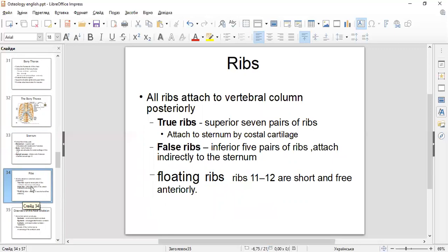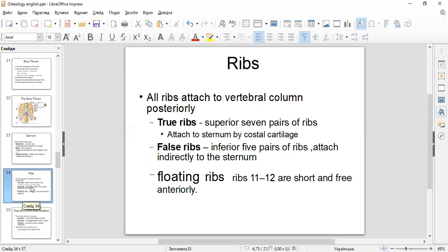Ribs, costae. All ribs attach to the vertebral column posteriorly. So we have true ribs, costae verae, false ribs, costae spuriae, and floating ribs, costae fluctuantes. True ribs are the superior 7 pairs of ribs attached to the sternum by costal cartilage.